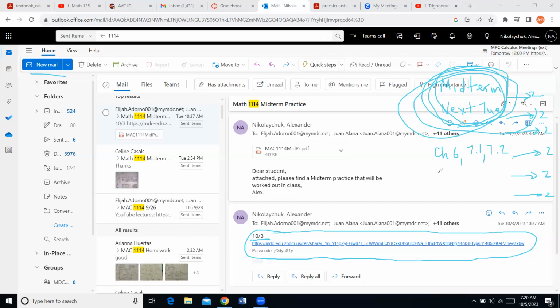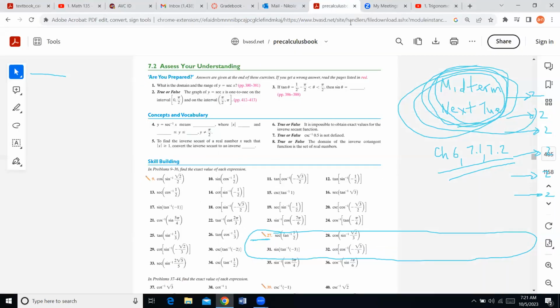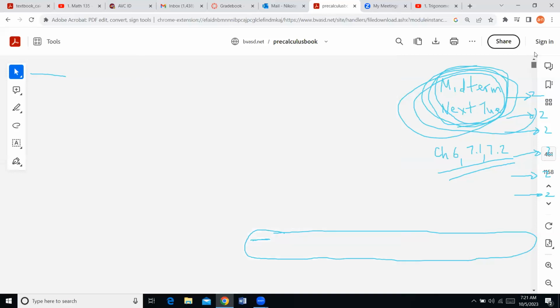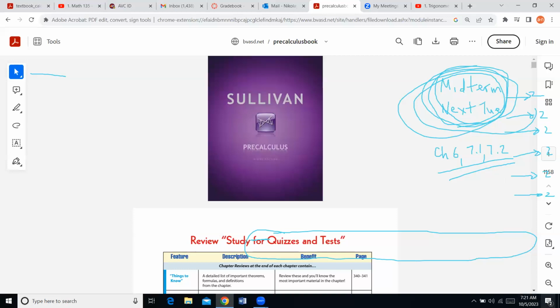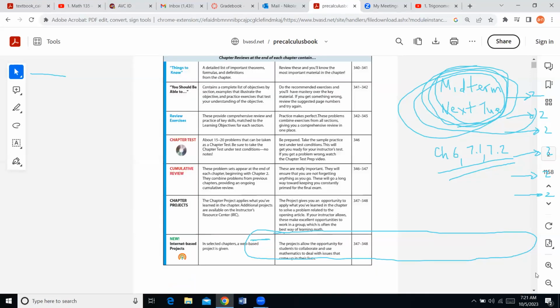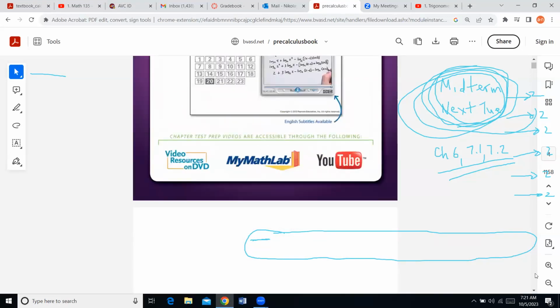Like the entire chapter 6 and 7.1 and 7.2, right? Yes, that's absolutely correct. But you're going to choose the midterm from those exercises.